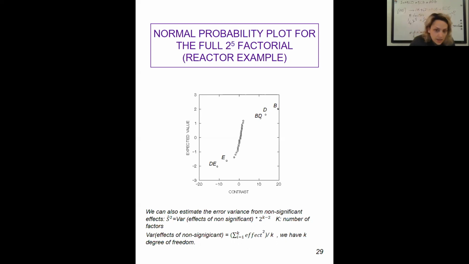Or we can have partial replication and find the error variance. Or here, when we have significant and non-significant effects, from the non-significant ones we can find the error variance.